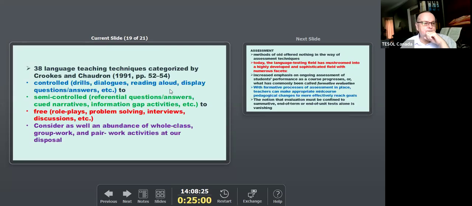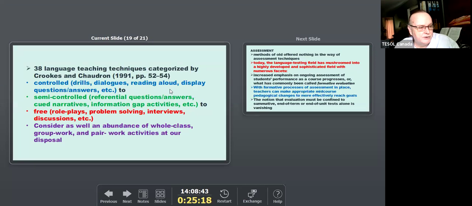In 1991, Cooks and Chaudron identified 38 language teaching techniques categorized by them, and they printed a document about it.